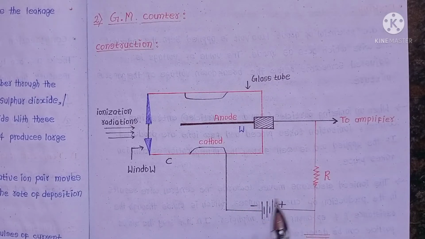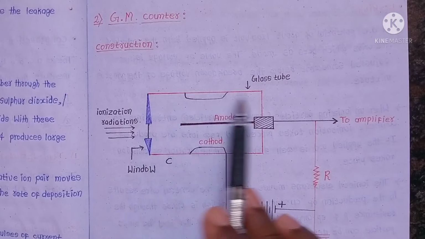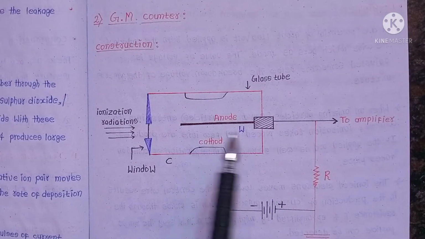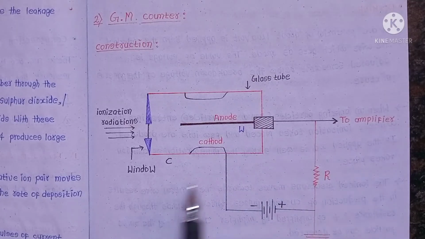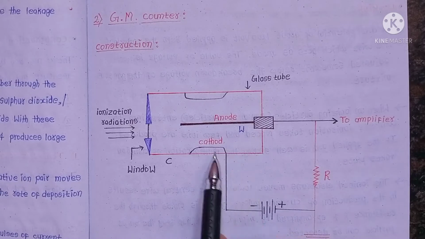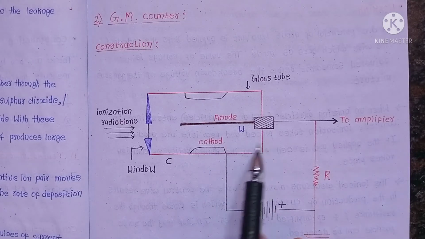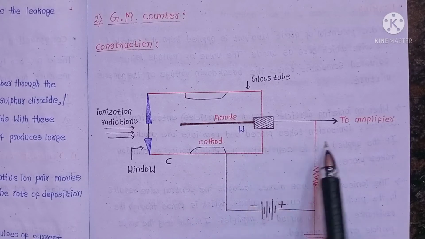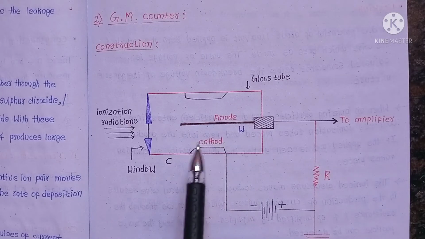The GM counter or Geiger-Muller counter consists of a metallic cylinder C, which is enclosed inside a thin glass tube. This tube is filled with a mixture of gases consisting of 90% argon at 10 centimeter pressure and 10% ethyl alcohol vapors at 1 centimeter pressure.